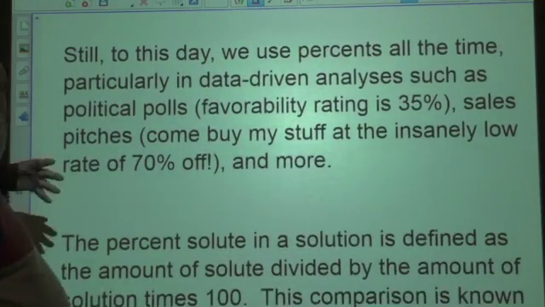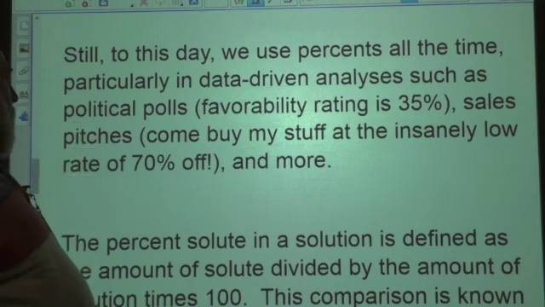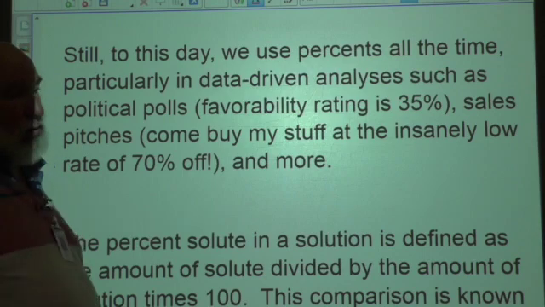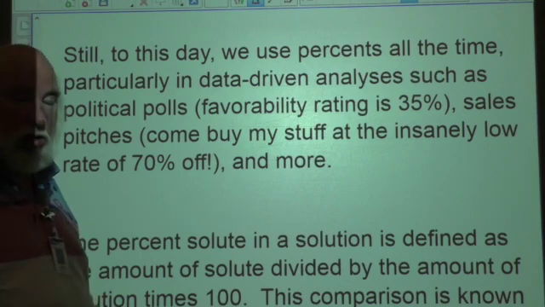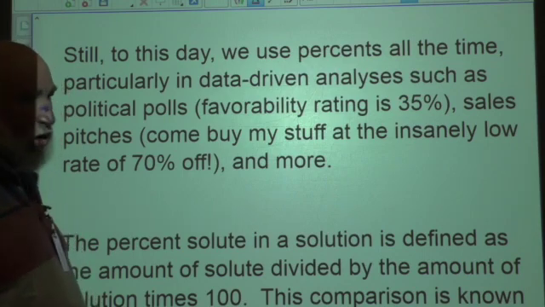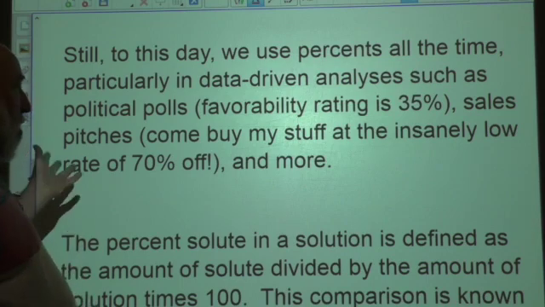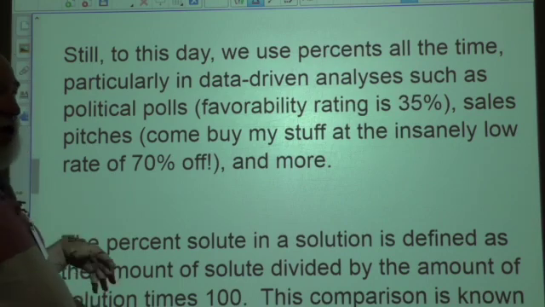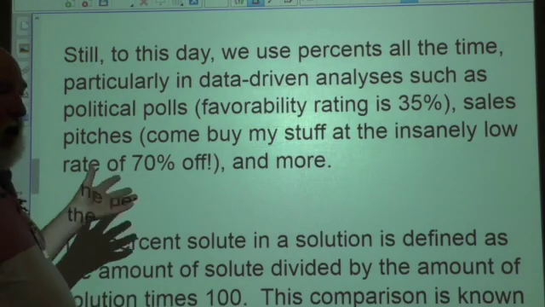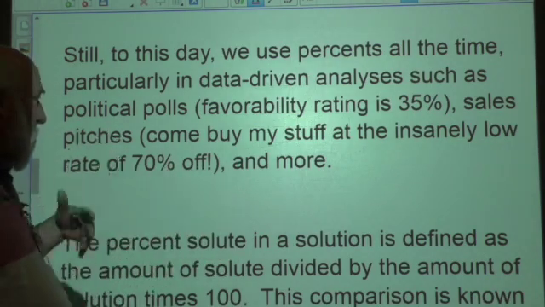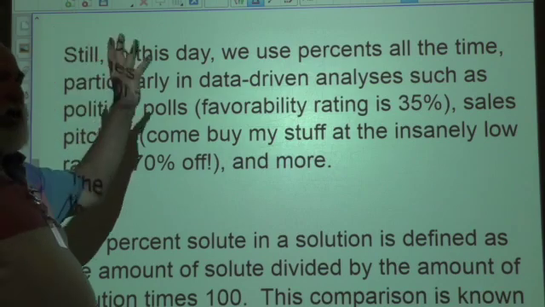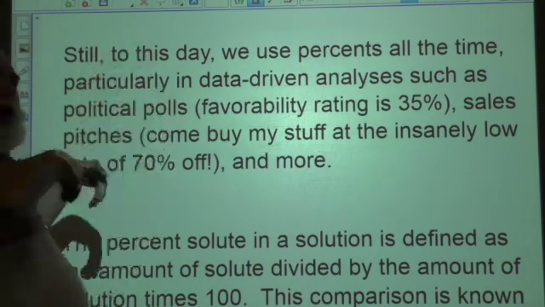And to this day, we use percents all the time, particularly in data-driven analyses such as political polls. If you pay attention to the news, you keep hearing things about popularity polls, favorability polls, and sales pitches about how things are reduced by X number of percent, 70% is the example I use here. It's insanely low. Oh my gosh, come buy my stuff.